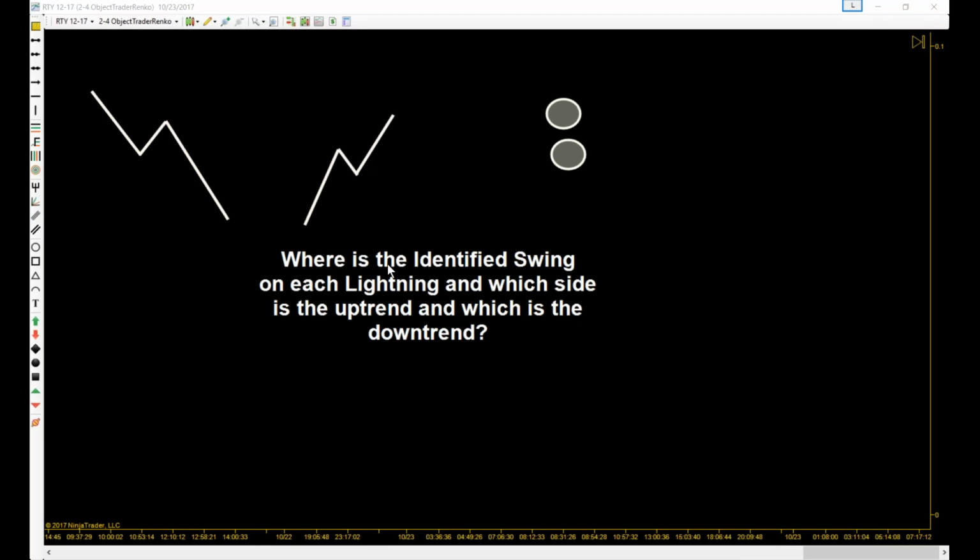And what I want to know is where is the identified swing on each of these lightning charts right here, and which side is the uptrend and which side is the downtrend. Now that's pretty basic, but believe me, you wouldn't believe how many times I get asked where a particular swing is, what direction are we going, and things like that.